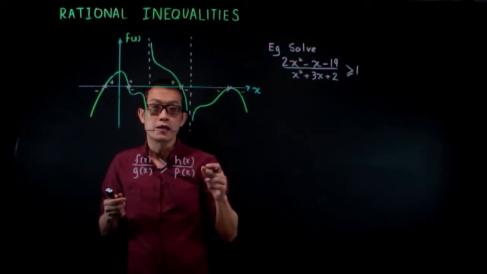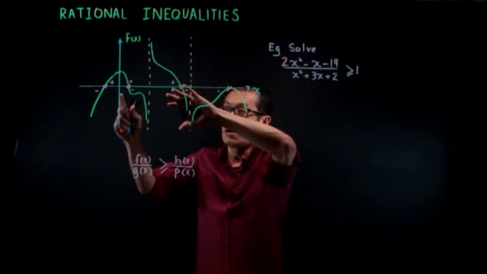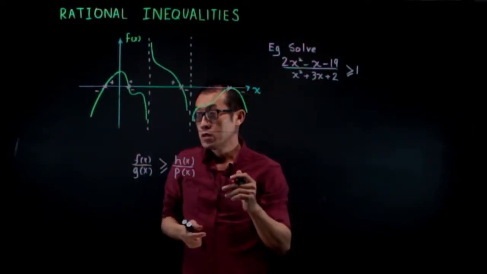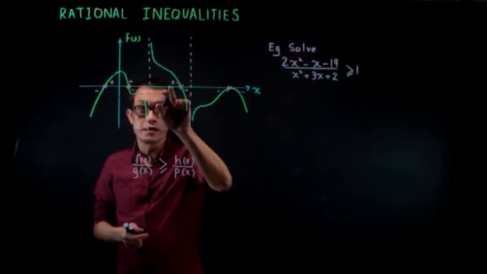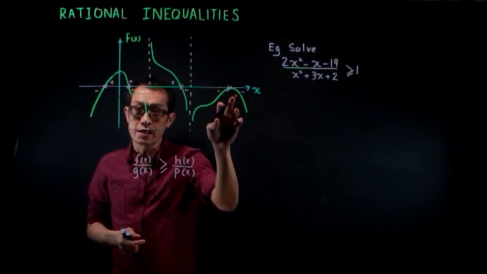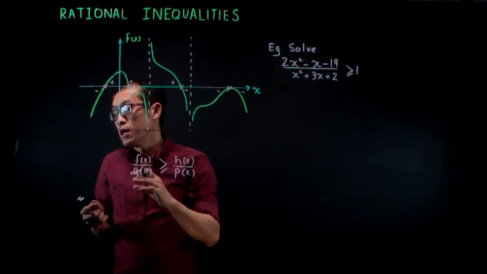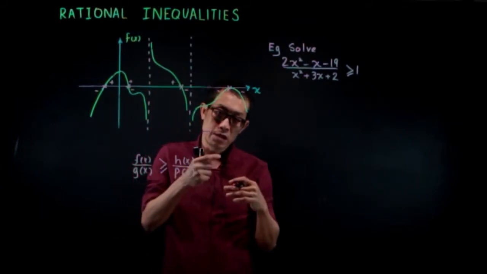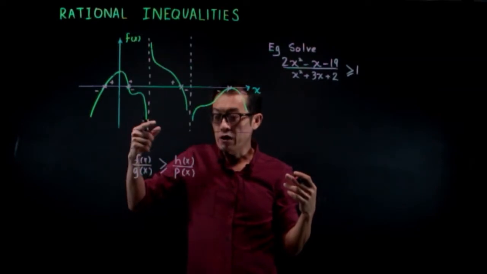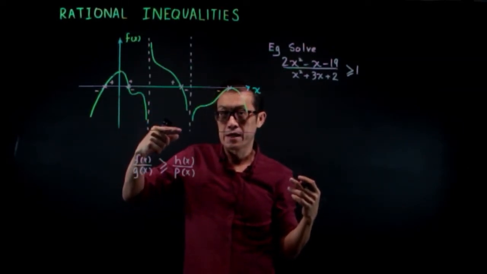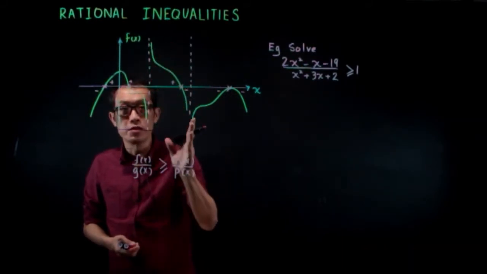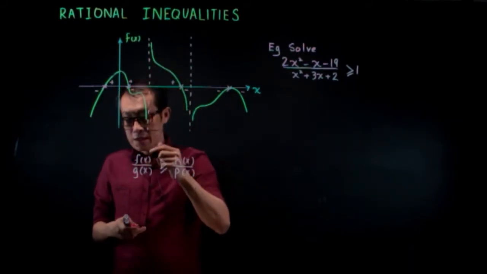Now what can you say about the graph when it is close to the roots? It changes sign over here, but this one does not change sign. That means that for points near the roots, the graph may change its sign or may not. Now let's move on to the asymptote. Look at this asymptote.